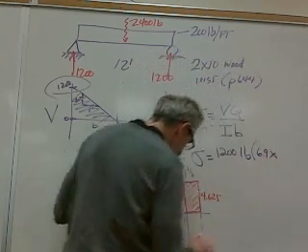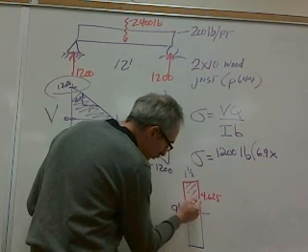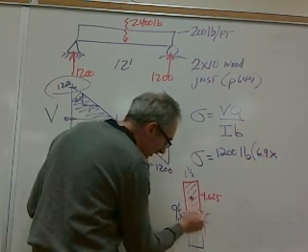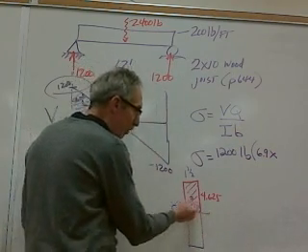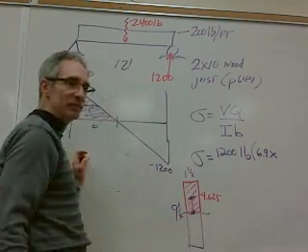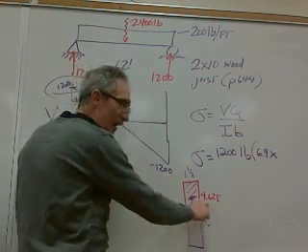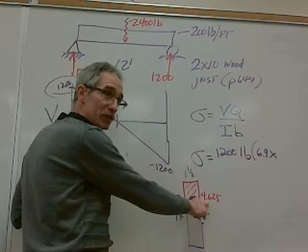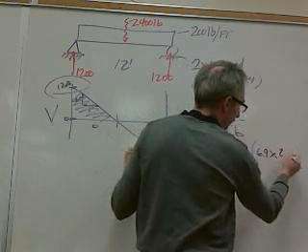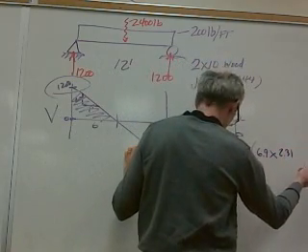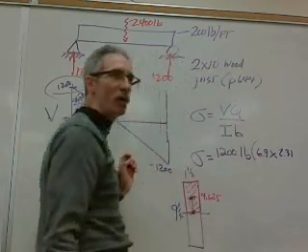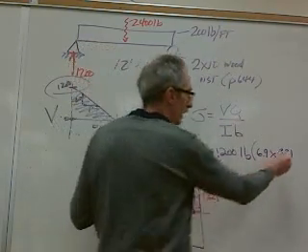Now I'm going to have to multiply that by the distance from the neutral axis to the centroid of that shape. How far away is that? Well, it's going to be half of 4.62, right? So I'll say 2.31. It's actually a little bit more than that, but we'll say that.